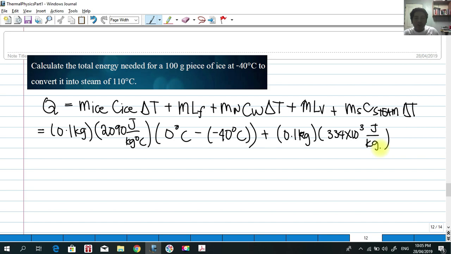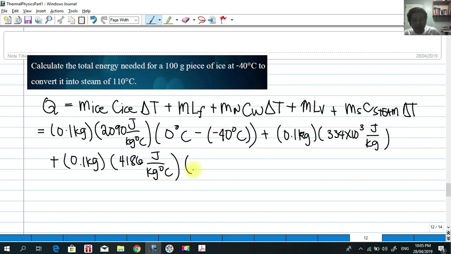So we are done with mL_F. Once that has been done, the object became water. So the mass of water is still the same, 0.1 kilogram. And the c of water is 4,186 joules per kilogram degrees Celsius.